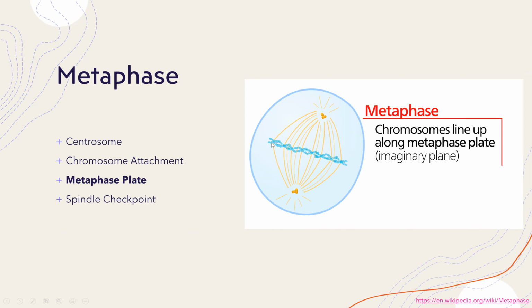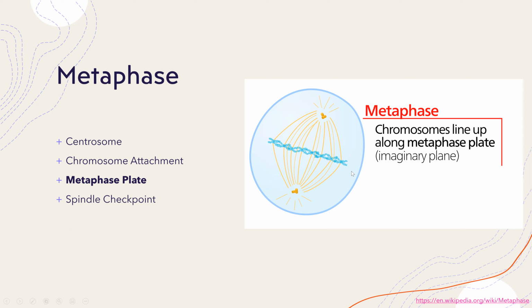So half of the DNA from each chromosome, or each sister chromatid, will get one that goes to the top side of the cell and one that goes to the bottom side of the cell. So we'll have two kinetochore fibers attaching to each chromosome, one from each centrosome. And since the centrosomes and the mitotic spindle are anchored to the cell membrane, it can use the kinetochore fibers to realign the chromosomes by itself so that each chromosome is along the metaphase plate.